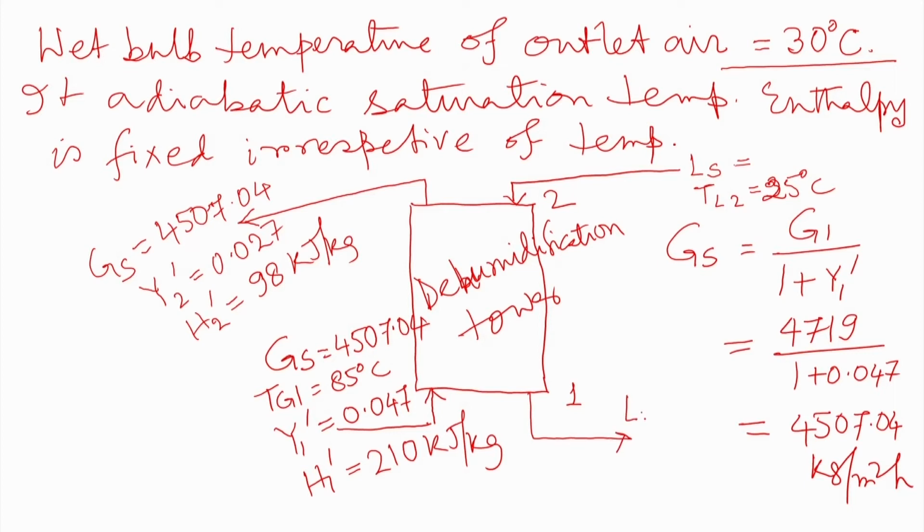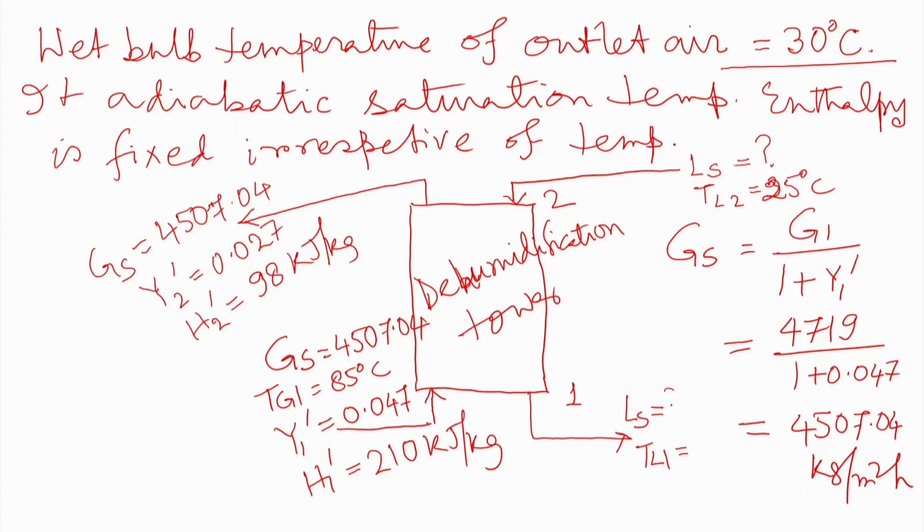The liquid flow rate we do not know yet, because we need to find the minimum water flow rate and then multiply it by 1.4 to get the actual liquid flow rate. We also do not know TL1, the outlet temperature of the water coming out from the bottom of this dehumidification column.